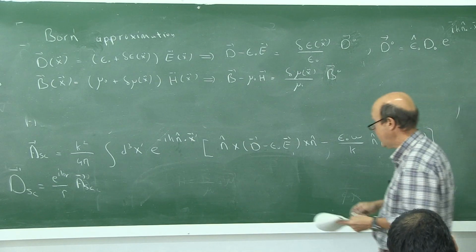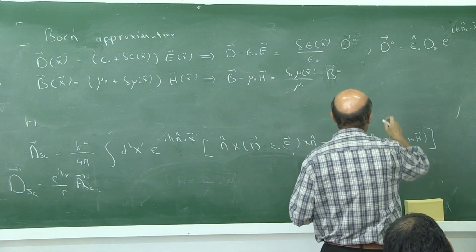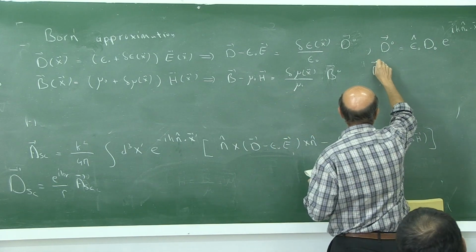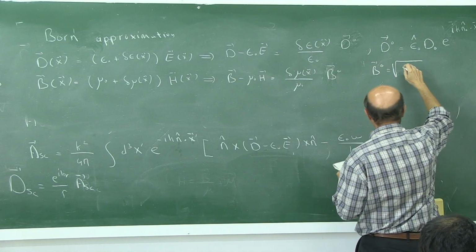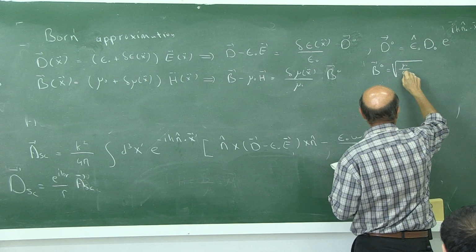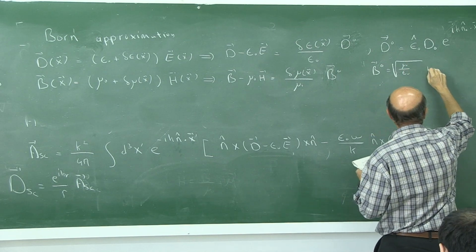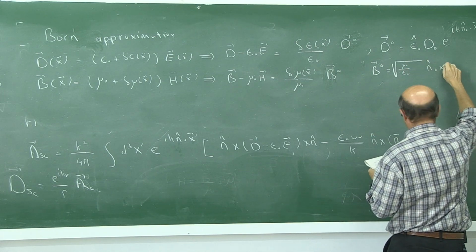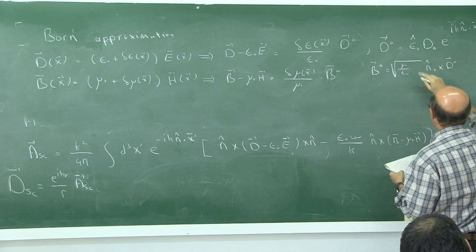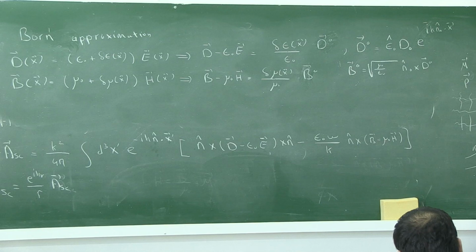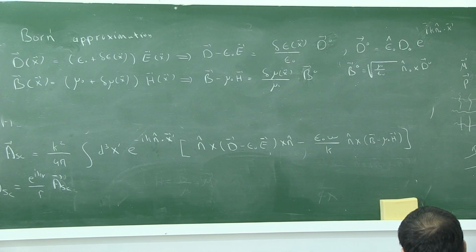So then B0 simply will be the impedance of the free space. I think it's the inverse of the impedance. n0 cross D0, and D0 is above. So these are the components of the incoming fields.